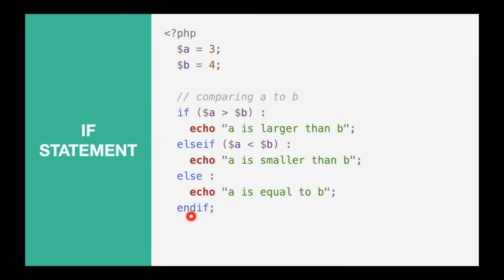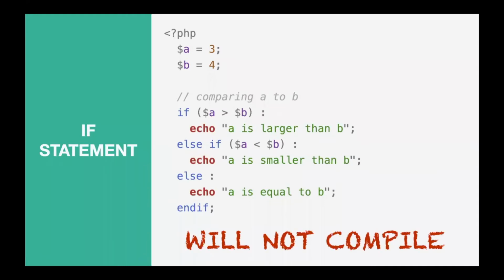This is important. Because we're not using curly braces to close up our if statement, we need to use this endif here. Now, if we were to try and use these colons with the else if with a space in between, we'll get an error. This just will not compile.